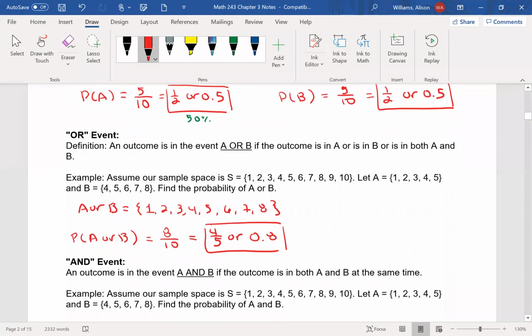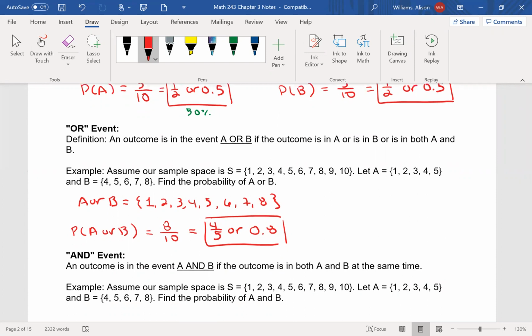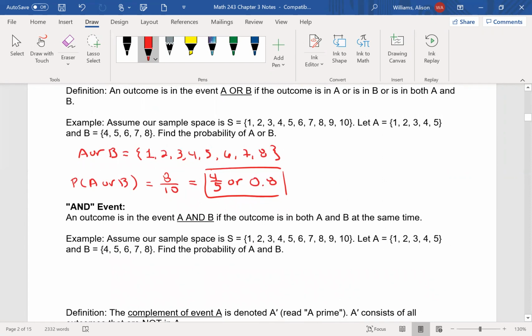Okay, "and" is when it's in both events at the same time. It has to occur in both A and in B. So for this example, same sample space, same A and B, it has to be in both of them. And there are only two outcomes that are in both of them, right? 4 and 5 happen to be listed in both A and B. Therefore, A and B, if I just wanted to list the possible outcomes, is going to be 4 and 5.